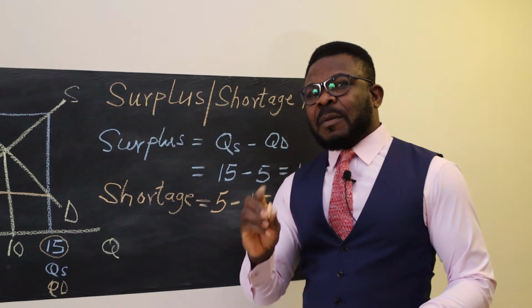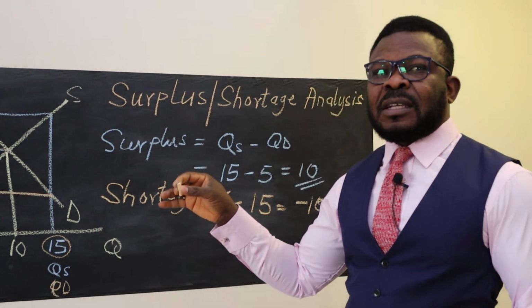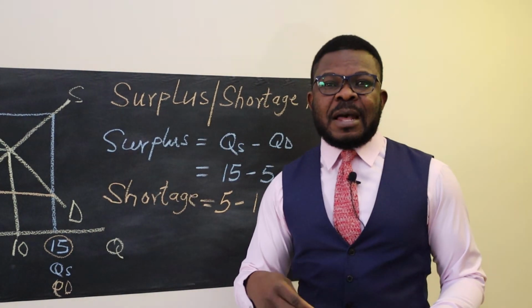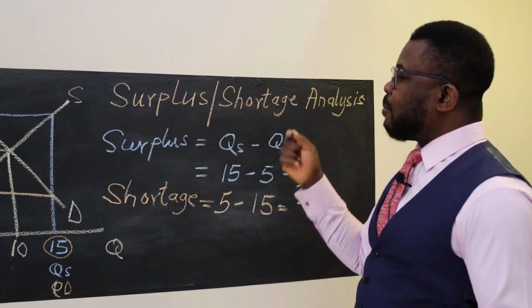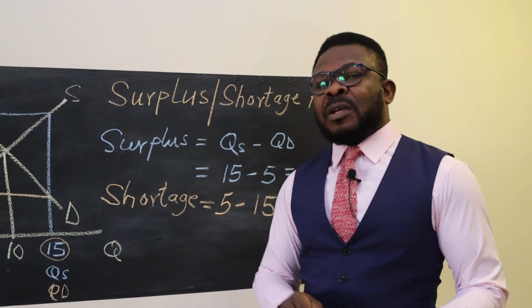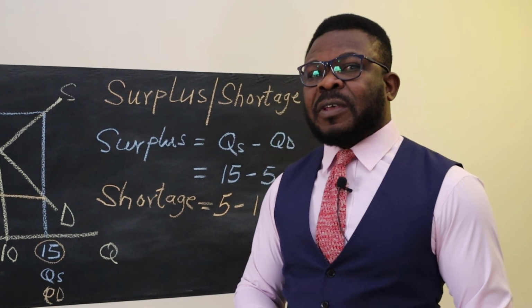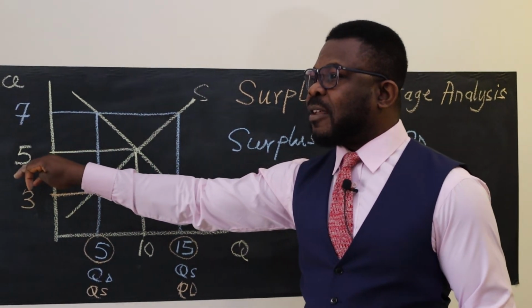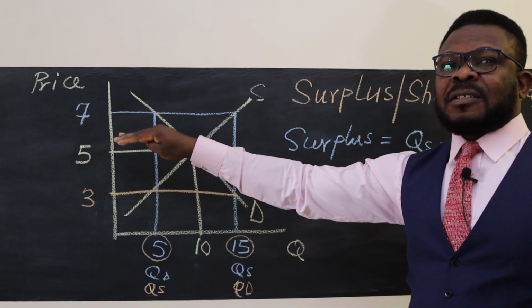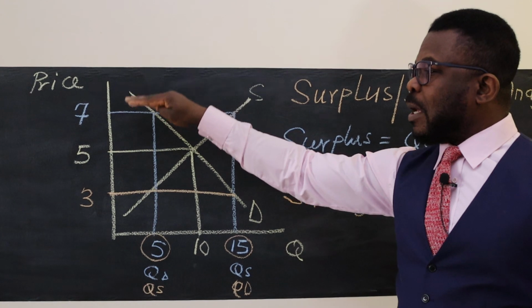So in summary, here is what we've learned today. When you get a question in the exam that asks you to calculate surplus or shortage, there are 2 things you can do. Remember all the time that surplus occurs above the equilibrium price. So here is the equilibrium price of 5. The surplus is going to occur above that price.